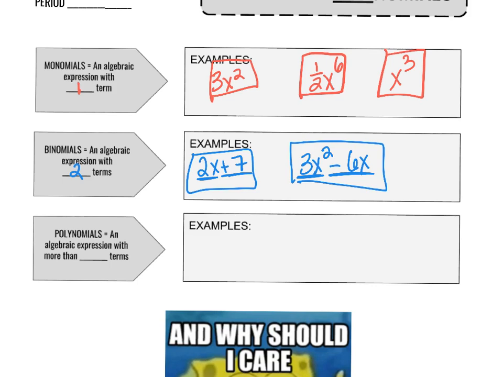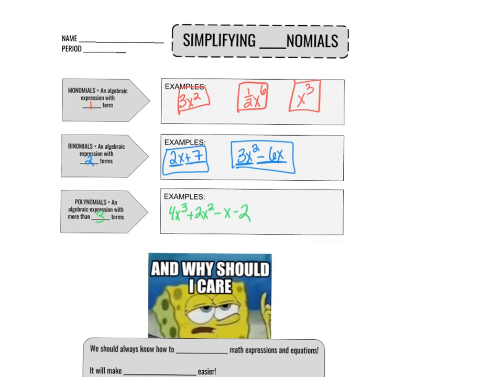A polynomial means an algebraic expression with more than three terms. A polynomial would be something like 4x cubed plus 2x squared minus x minus 2, because it has more than three terms. Excuse me, there's actually something we should put right here called a trinomial. Think of the word tri, like a tricycle, which has three wheels.